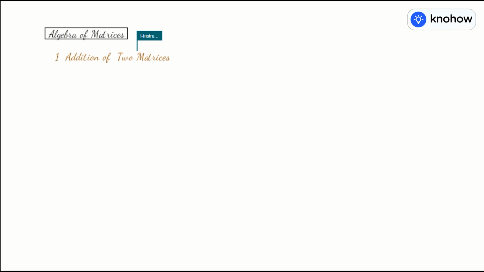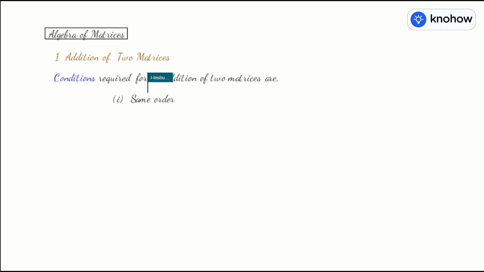Then what? The two or more matrices to be added, the condition is that they should be of the same order. What is the condition required? Condition required for two or more matrices to be added, they should be of the same order.